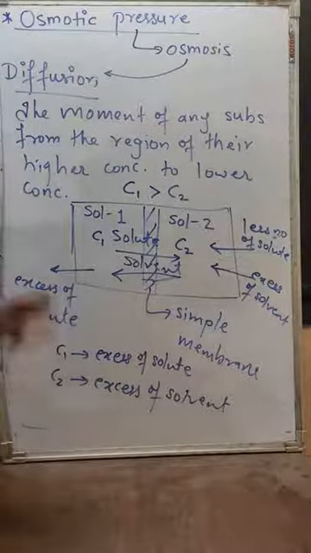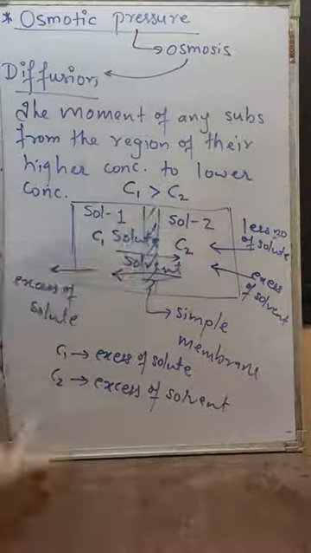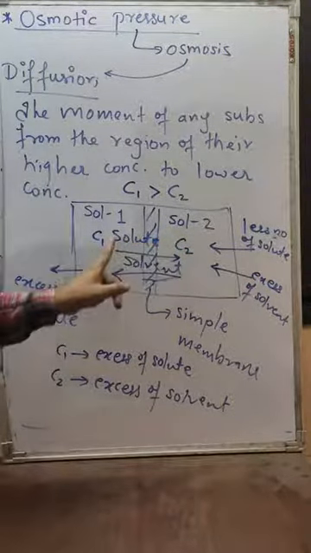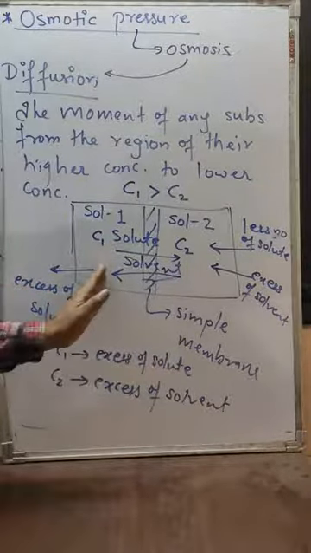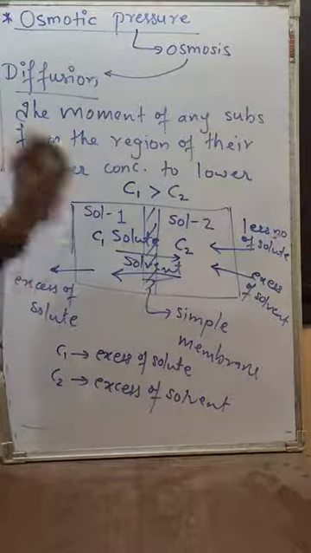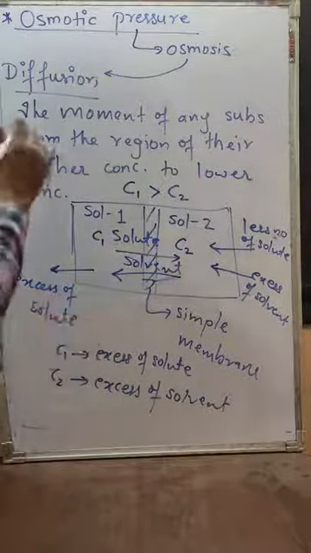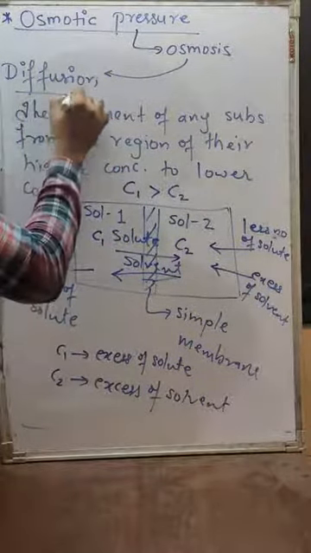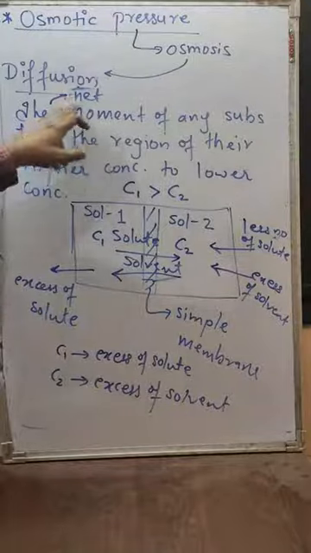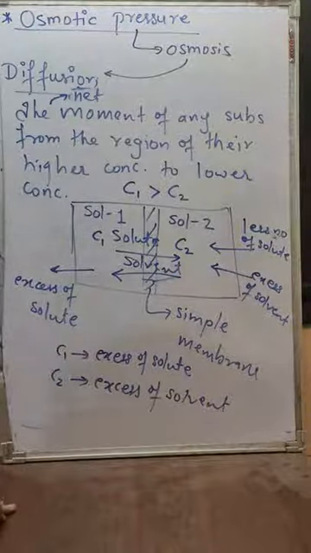Now, the movement of solute will take place in both directions. Solid molecules will flow from here to here, and here to here, as well as solvent molecules will move in both directions. But the resultant or net flow depends on the higher concentration. So we can say the net or resultant movement of any substance is from the region of higher concentration to the lower concentration.